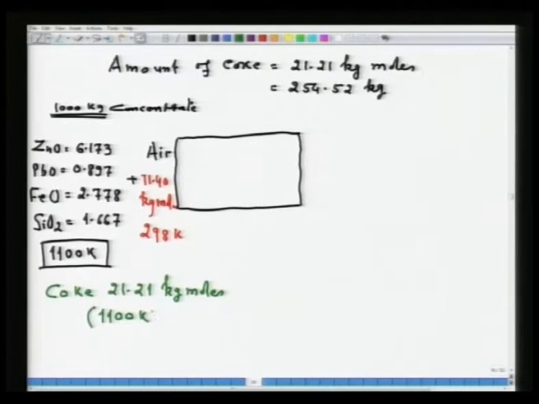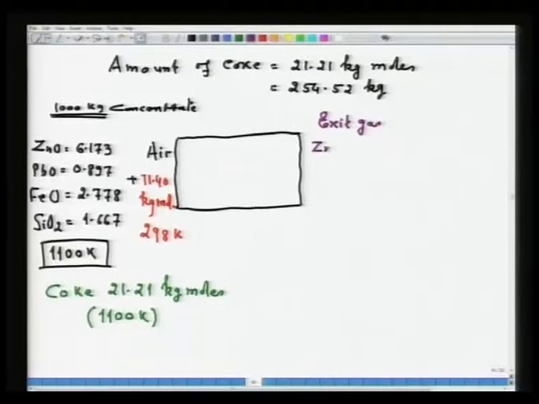Mind you, in the initial statement of the problem I have not provided the temperatures, now I am giving the temperatures. Now, the gas, again I am repeating, is not the exit gas out of the furnace, but the gas which is produced above the hearth level.